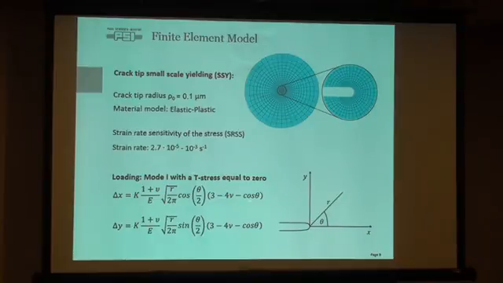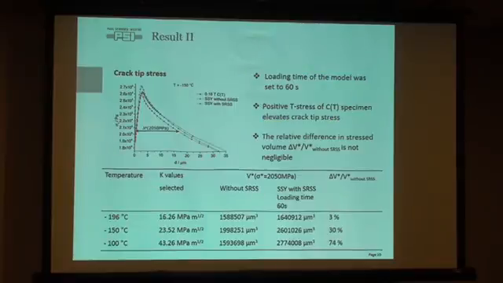And the loading, which is in mode 1, obviously was realized with the small-scale yielding equations with a T-stress equal to 0. For the small-scale yielding model, we also chose a loading time of about 60 seconds to be able to compare things.